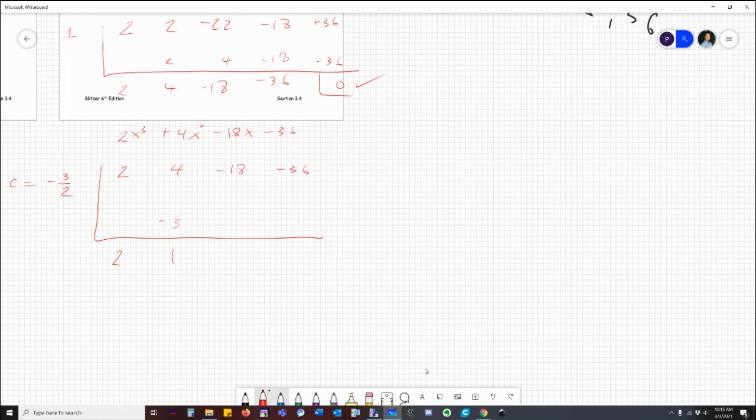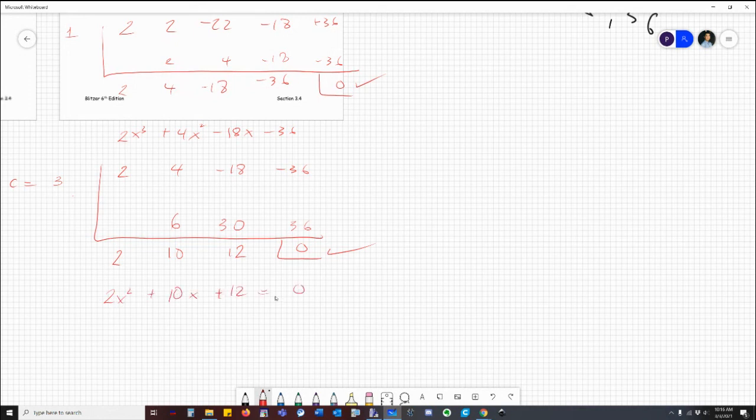Oops, 3, not 3/2. This is 12, positive 36, and 0. Okay, so that works. So now we reduce everything down to an x squared.